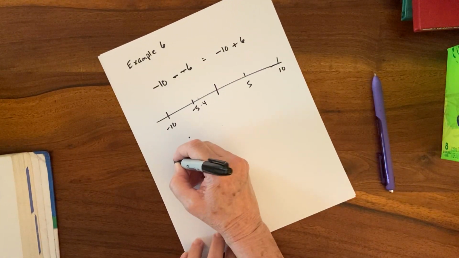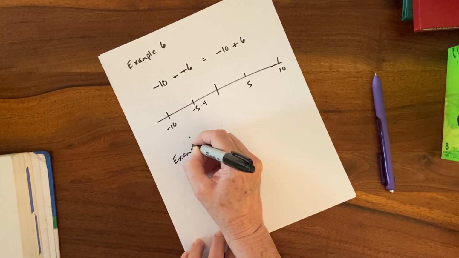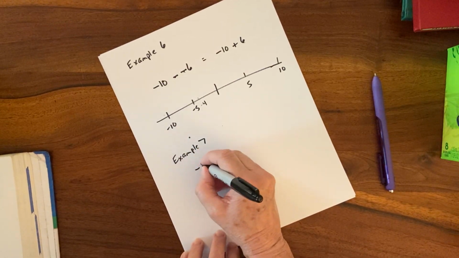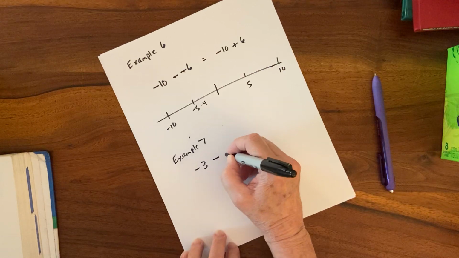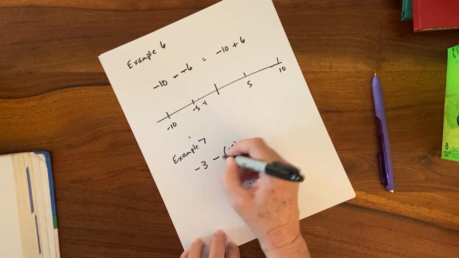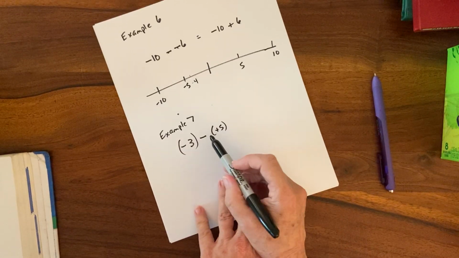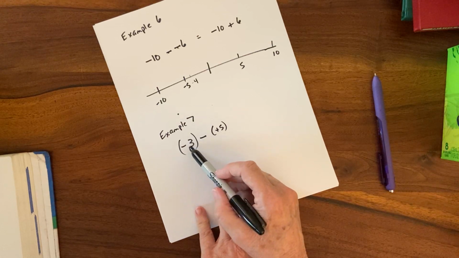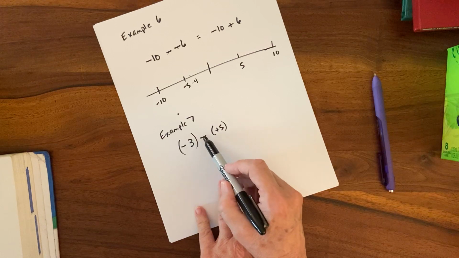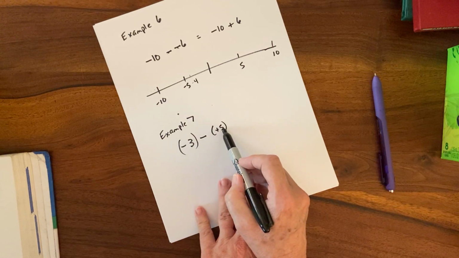Example 7. Negative 3 minus a positive 5. Okay, so this is telling me that I have negative 3 and the opposite of negative 5.